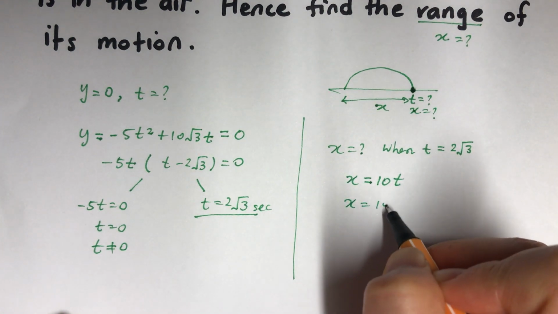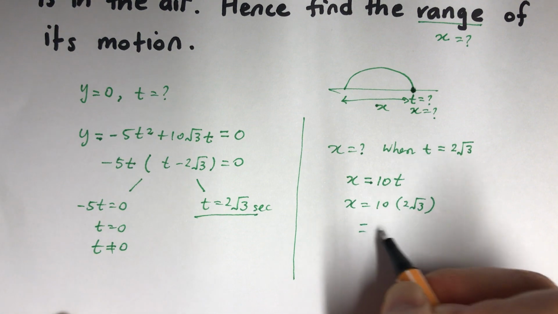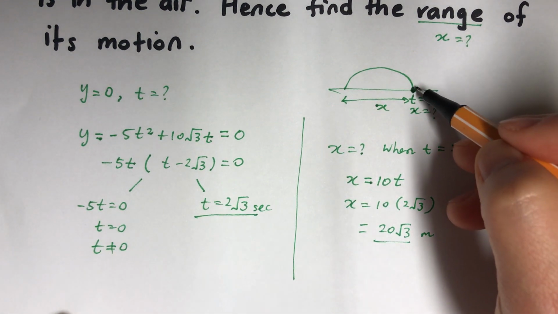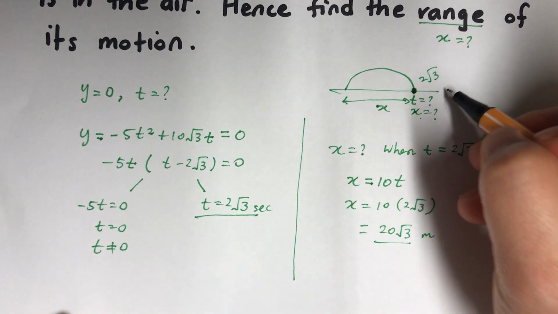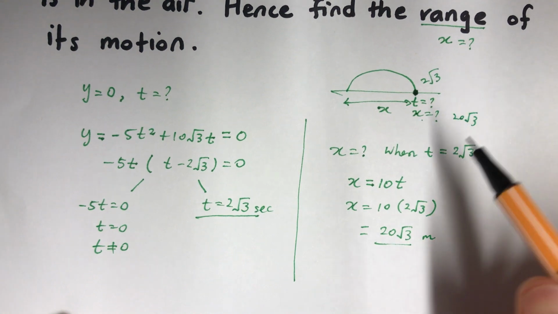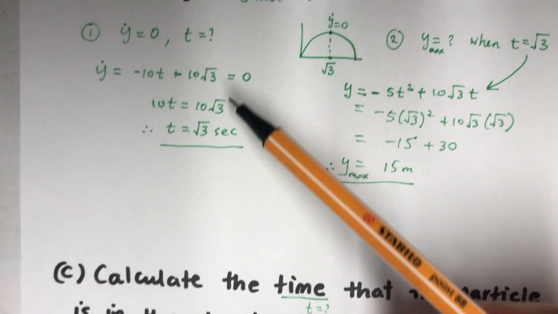And I'm just going to substitute 2 root 3 here, and I'll get 20 root 3 meters. So when t is 2 root 3, the x will be 20 root 3.